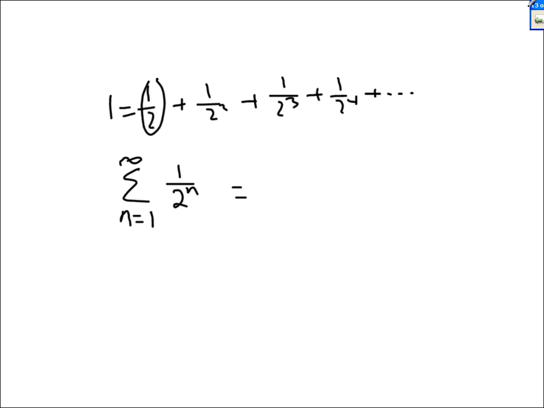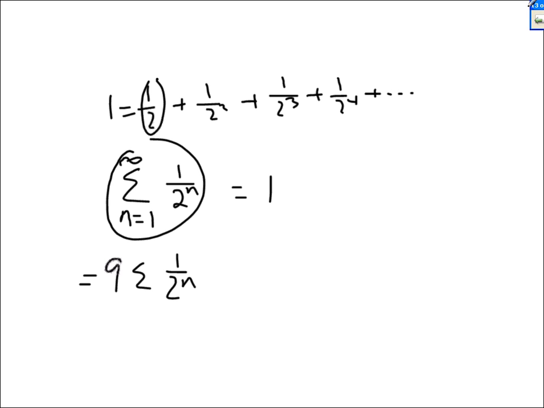This is 1. Can you give me an infinite series that adds up to 9? The answer is yes. Multiply this by 9. On one hand, it's 9 times 1, which is 9. On the other hand, you can bring in the 9, and you get the summation of 9 over 2 to the n. That's 9.